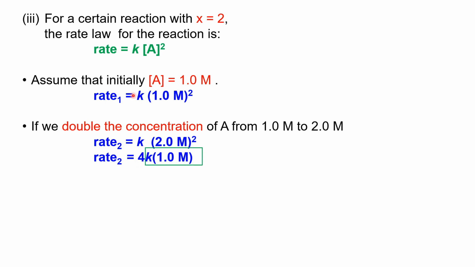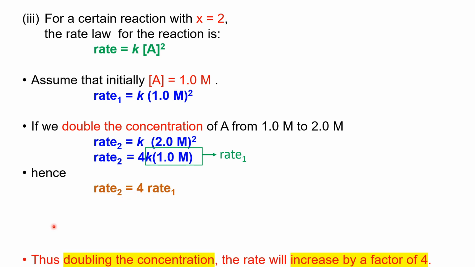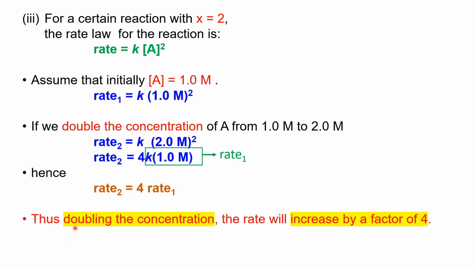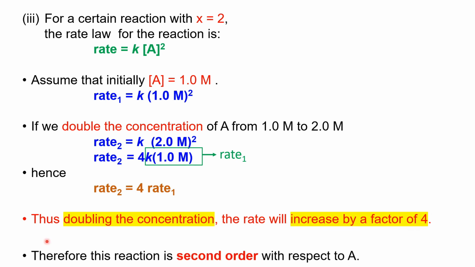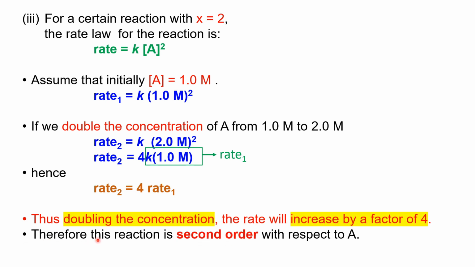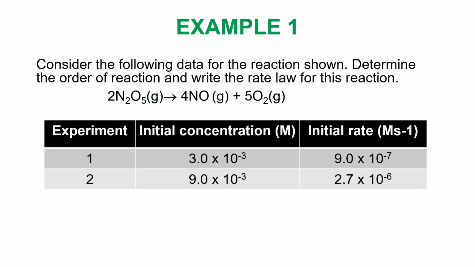K times 1.0 molar is the same as rate 1. Hence, rate 2 equals 4 times rate 1. Thus, doubling the concentration, the rate will increase by a factor of 4. Therefore, this reaction is second order with respect to A.